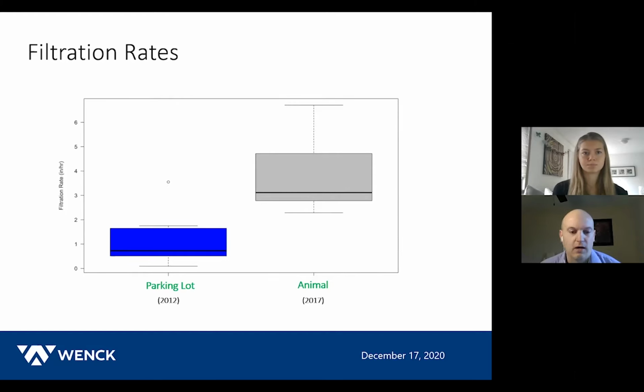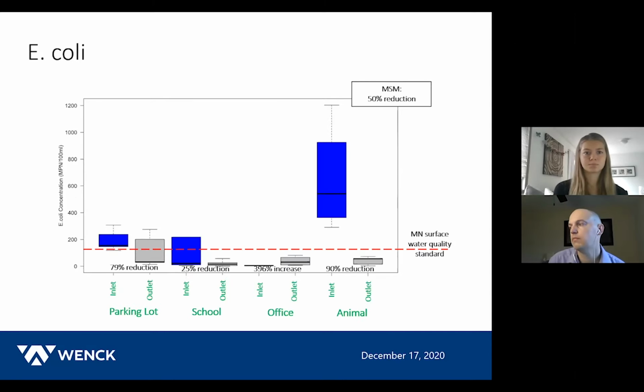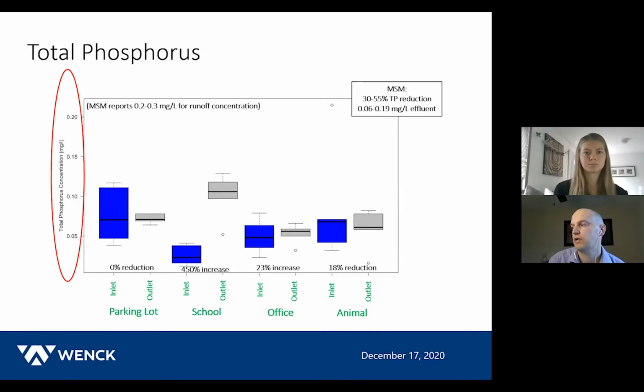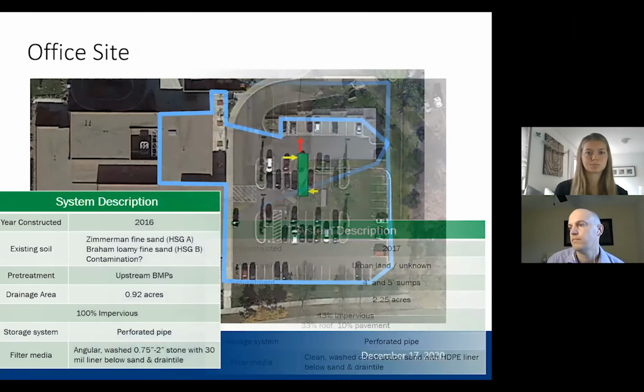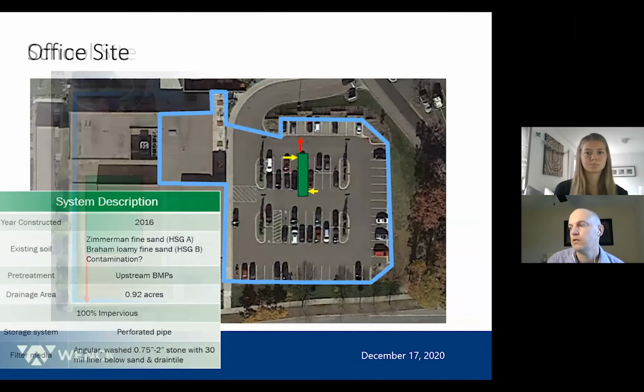That bore out as well when we looked at the calculations we did in terms of the drainage area and the storage in that sand layer. It'd be easiest if I go back to our school site.